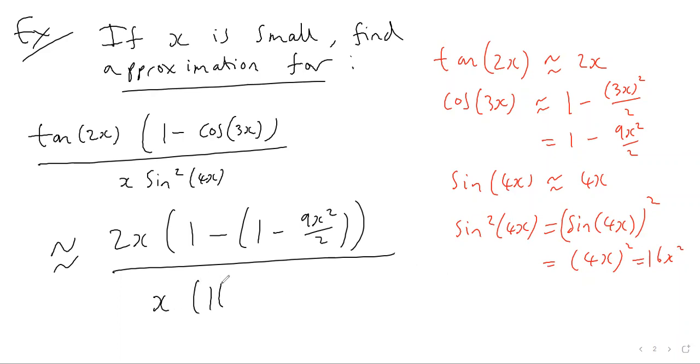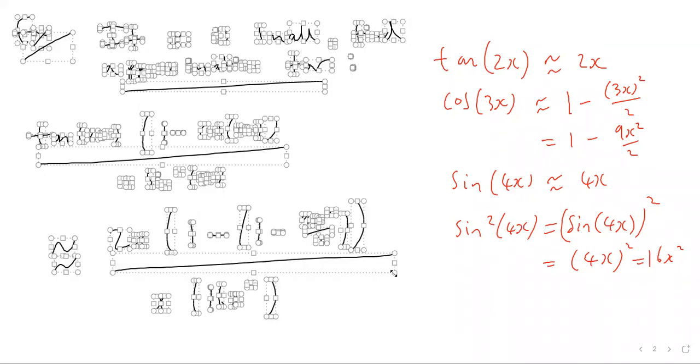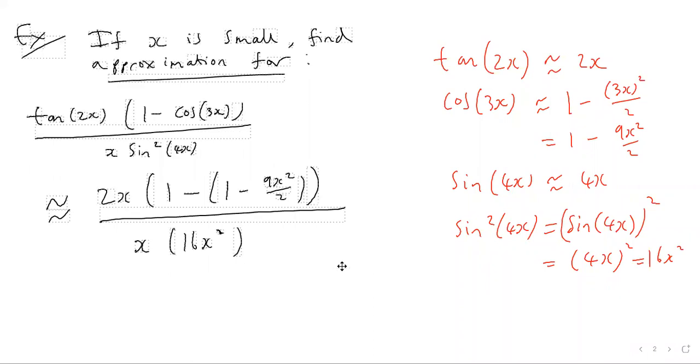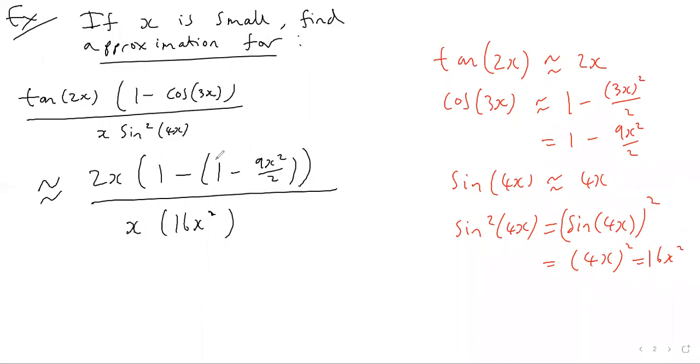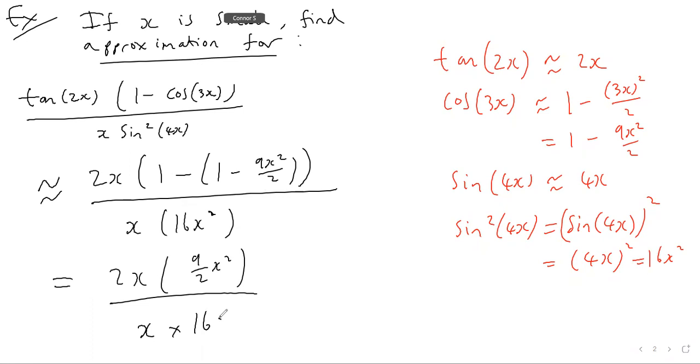Then when we simplify, inside the brackets on the numerator, 1 take away 1 is just 0, and minus minus 9x squared over 2 gives 9x squared over 2. Then we divide this by x times 16x squared.